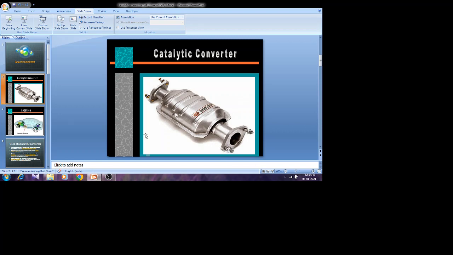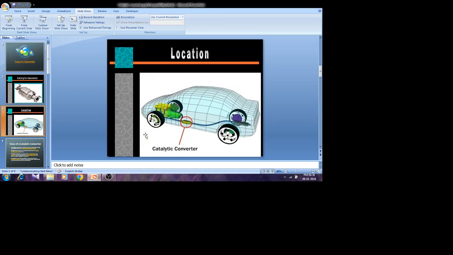The catalytic converter provides an environment for chemical reactions where toxic byproducts are converted into less toxic substances. As you can see in the picture, the catalytic converter is fixed in the exhaust system, as well as in the fuel storage tank.